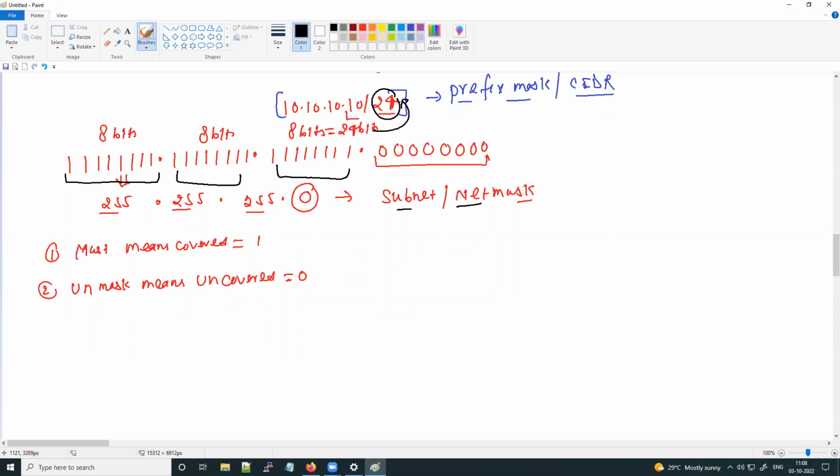Mask means covered, which means 1; unmasked means uncovered, which means 0. So there are two ways: the first is the CIDR notation, and the other is the subnet mask or net mask notation, to write down the IP address. Clear?